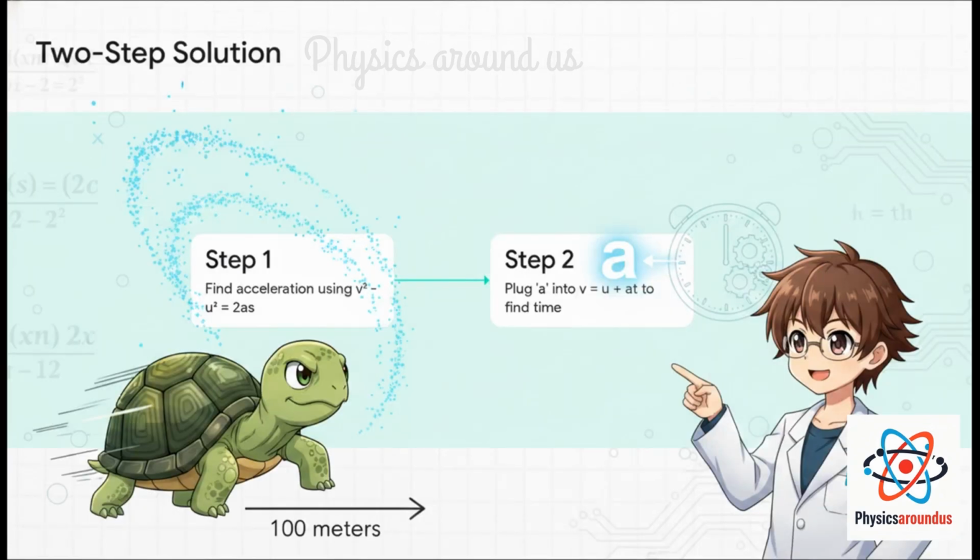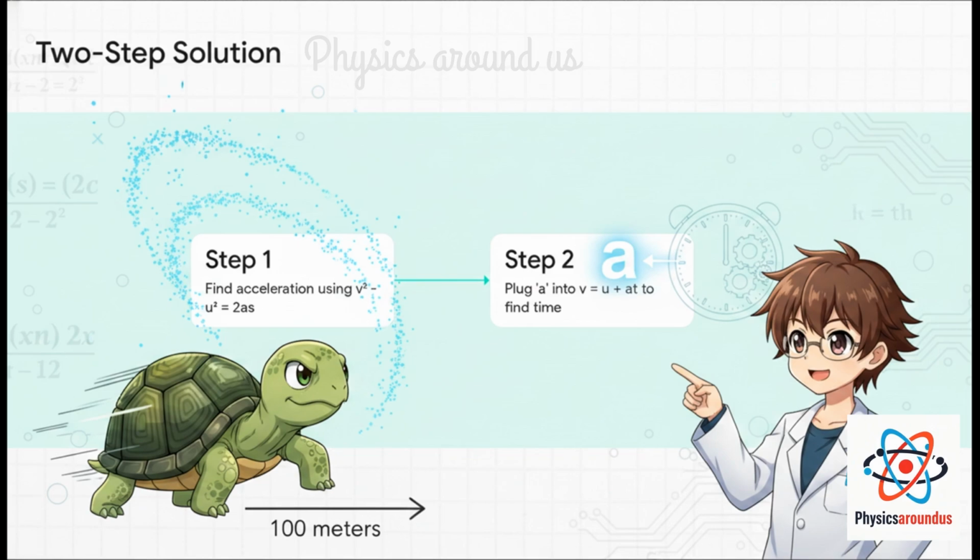But what happens when we tackle a complex problem where you just don't have enough information for a quick one-step solution? Imagine a tortoise accelerating from rest to 40 meters per second, covering a distance of 100 meters. If we want to find out how long that took, we hit a brick wall. We don't know the time, and we don't know the acceleration. But by logically choosing our time-independent equation first, we can easily solve for acceleration.